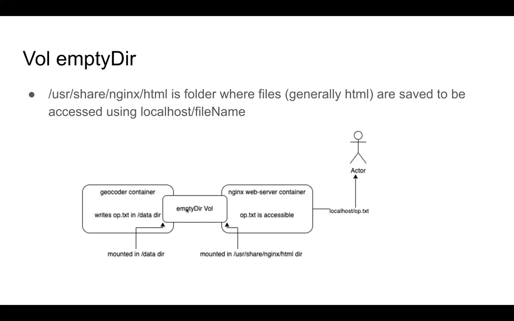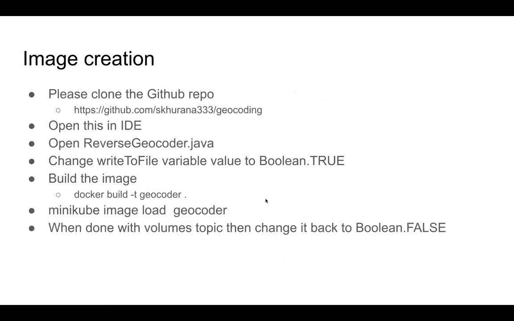So whatever this container writes in the data directory becomes visible in this directory on the other container, the Nginx container, and from the outside I can access this content using Nginx. If you know Nginx, you can say Nginx host name / the file which I'm writing, because I'll be writing opt.txt. So I'll be accessing opt.txt from Nginx. So that is what we'll do.